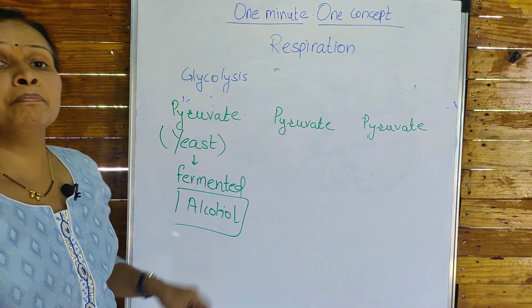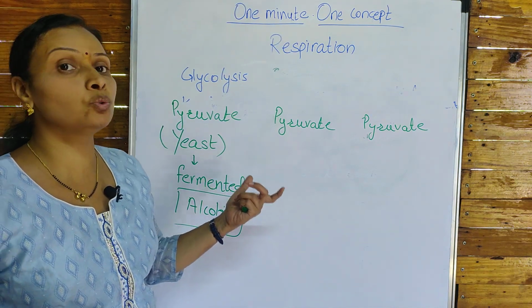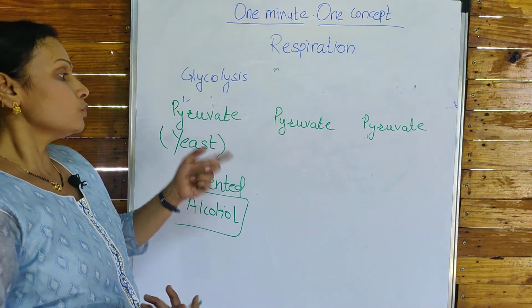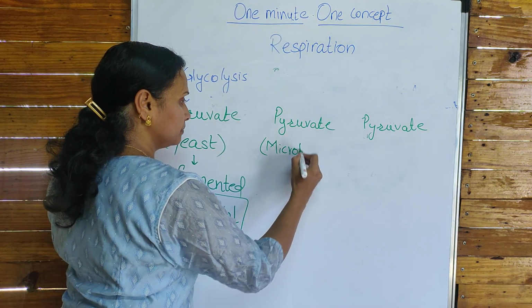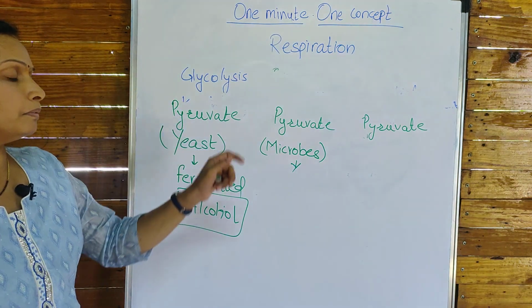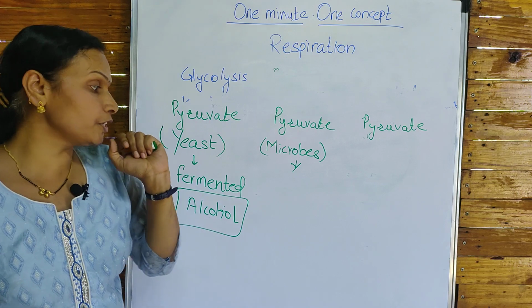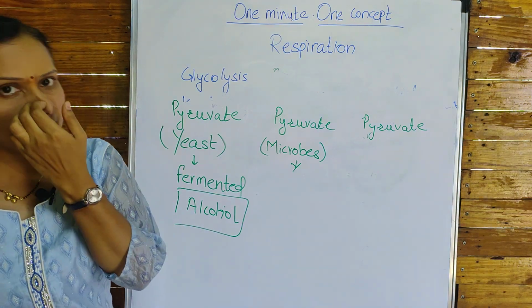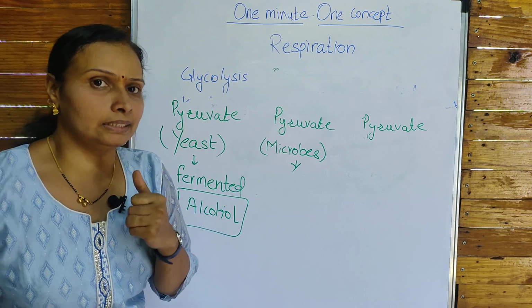Now some microorganisms are also respiring through anaerobic respiration, so we can write here microbes. What happens with pyruvate in microbial respiration? It leads to fermentation only, but it gives different types of acids.